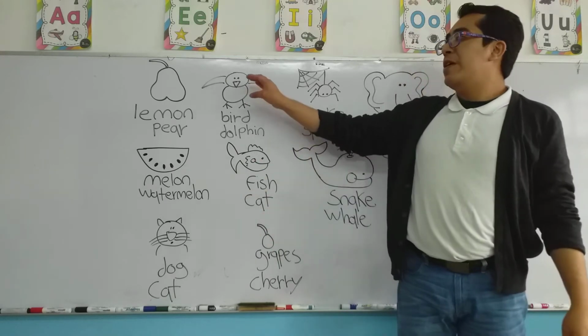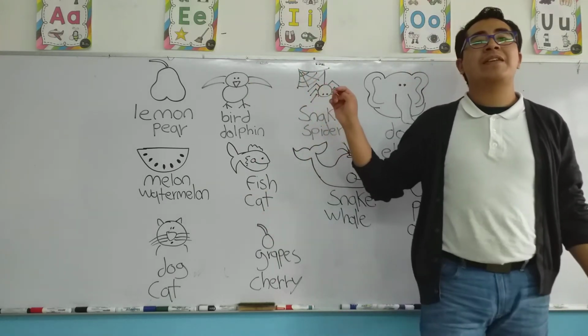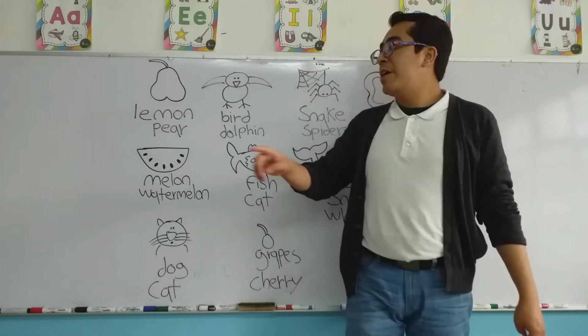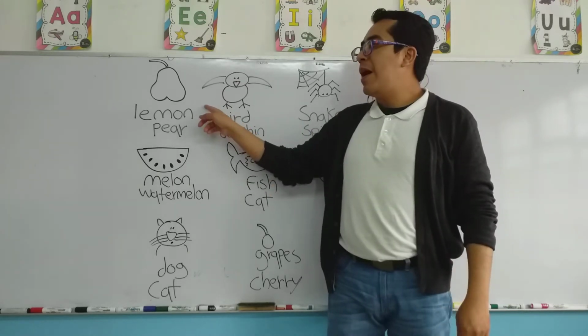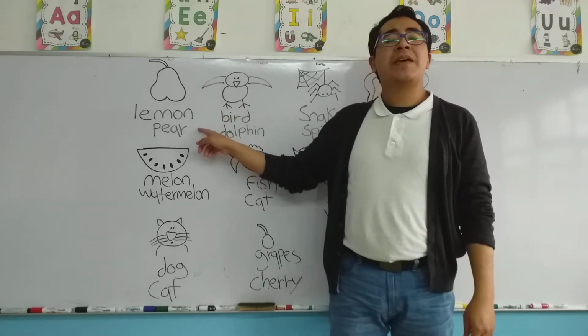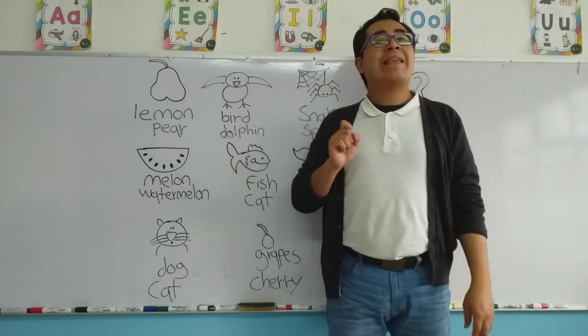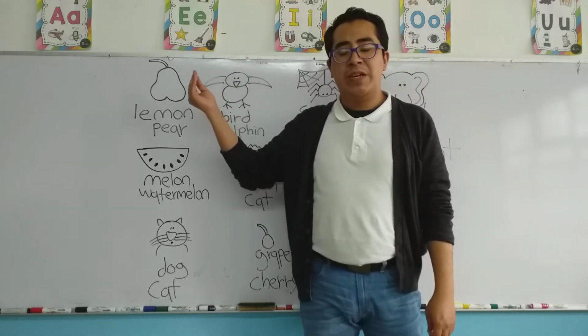So, under each one of the images, debajo de cada una de las imágenes, we have two options. Tenemos dos opciones. We have lemon, for example. Lemon, and option 2, it says pear. We have to mark with an X the correct option, the name of the object.